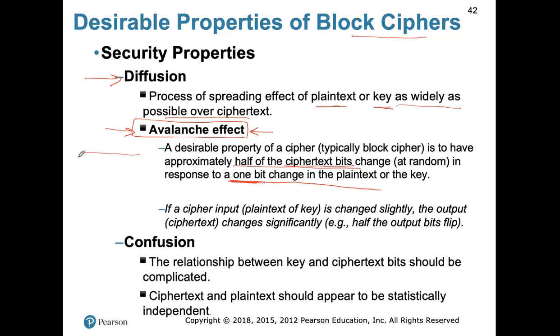So this is our plain text, or the data that we want to encrypt. We apply something, we get something. So this is, let's say, plain text number 1, and this is ciphertext number 1.